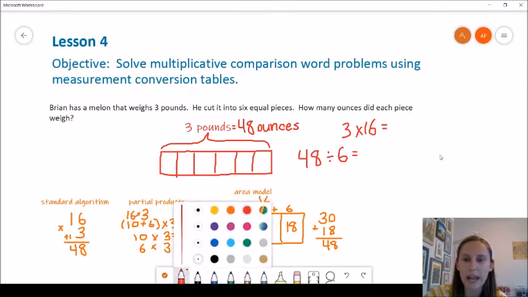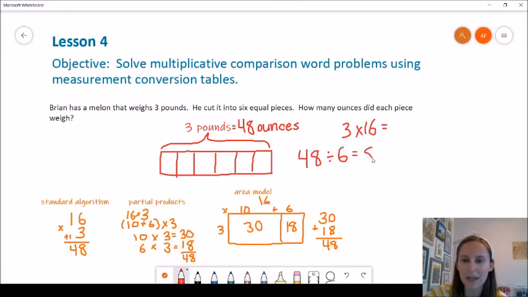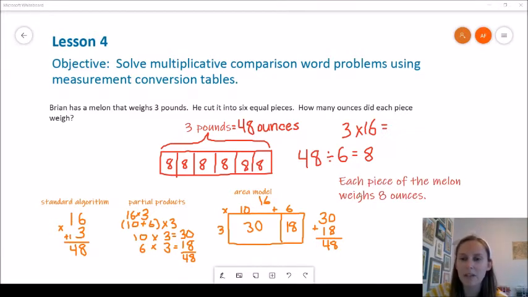I know that 48 divided by 6 is equal to 8, which means that if we have 48 divided into 6 equal parts, each one of those equal parts is 8 ounces. So each slice of the melon weighed 8 ounces. I wrote my answer here in a complete sentence. Each piece of the melon weighs 8 ounces.